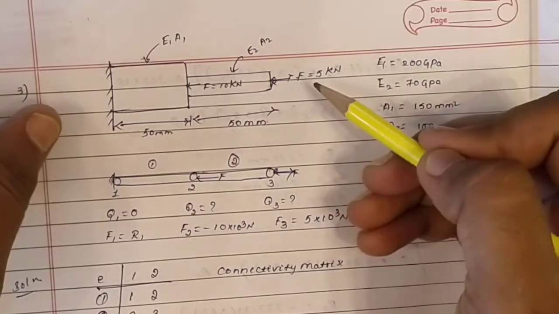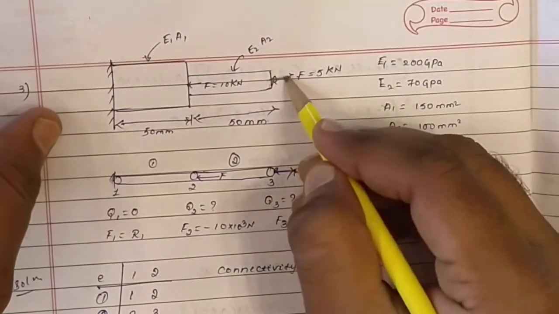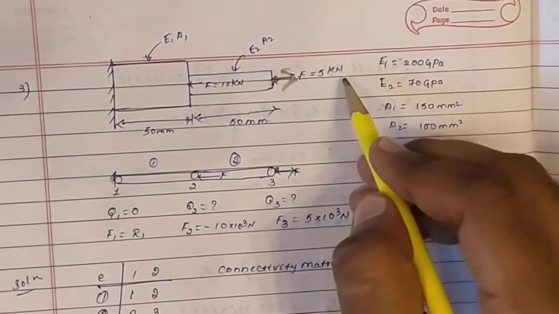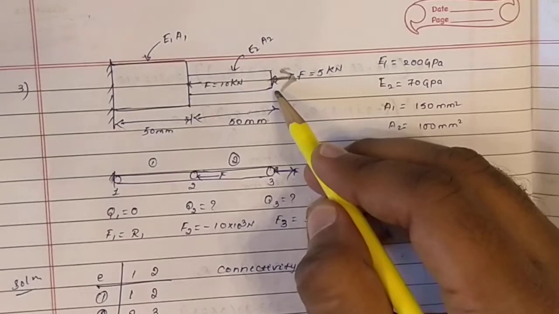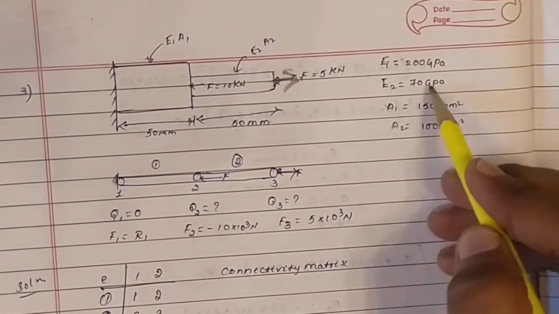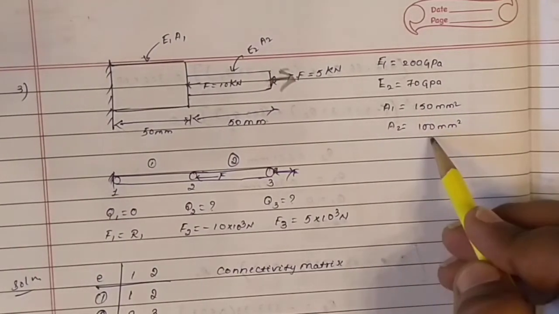And a tensile force of 5 kilonewton is given at the free end. E1 is 200 GPa, E2 is 70 GPa, A1 is 150 mm square, A2 is 100 mm square.